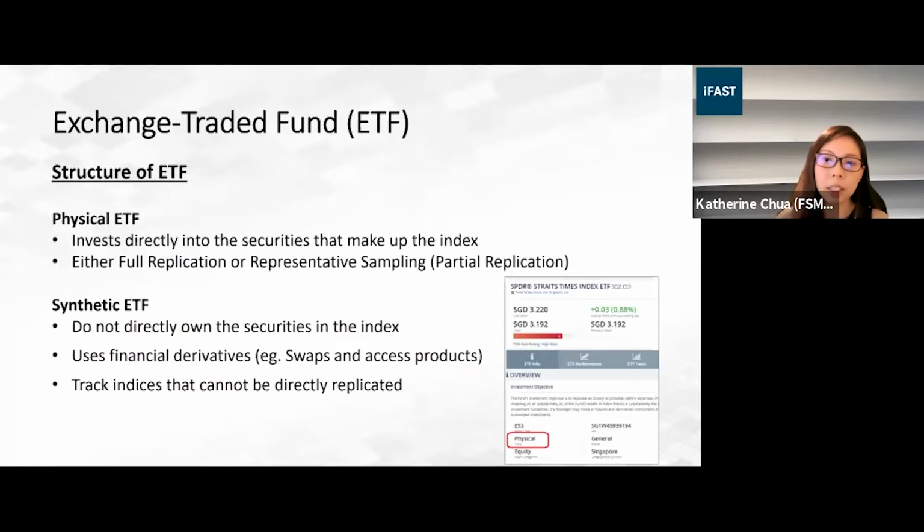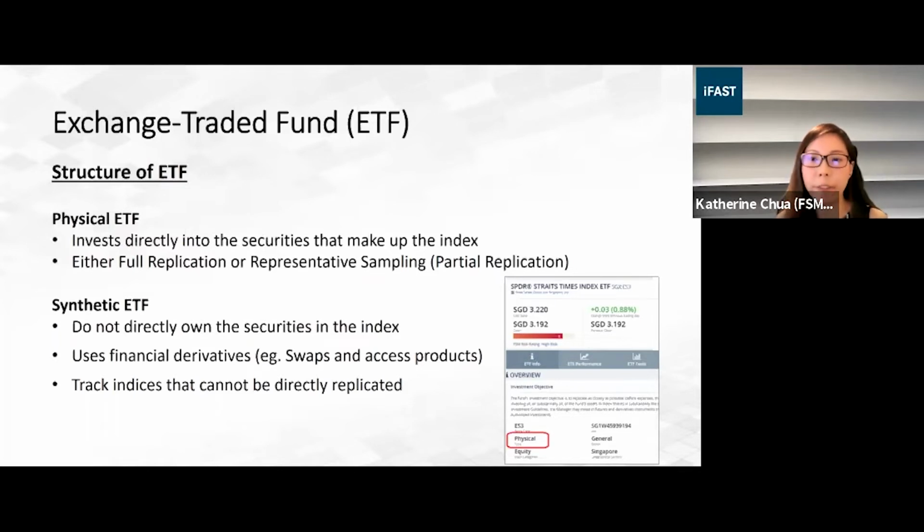So investors could be exposed to counterparty risk or greater tracking error. This structure is more common for ETFs that track indices in very restricted markets, or that cannot be replicated directly, for example, buying barrels of crude oil or other commodities.